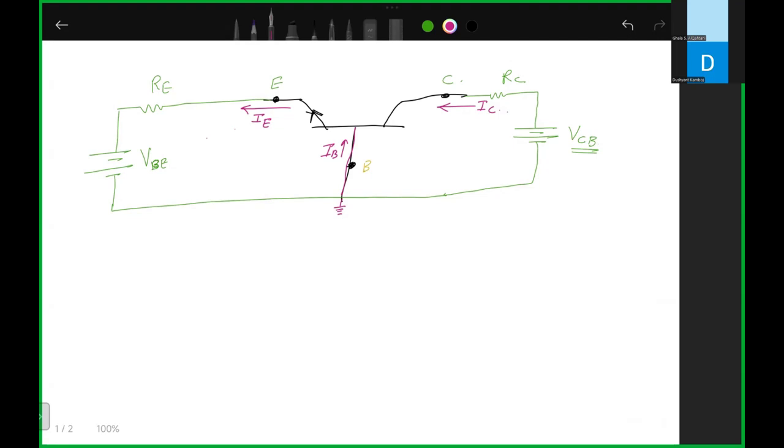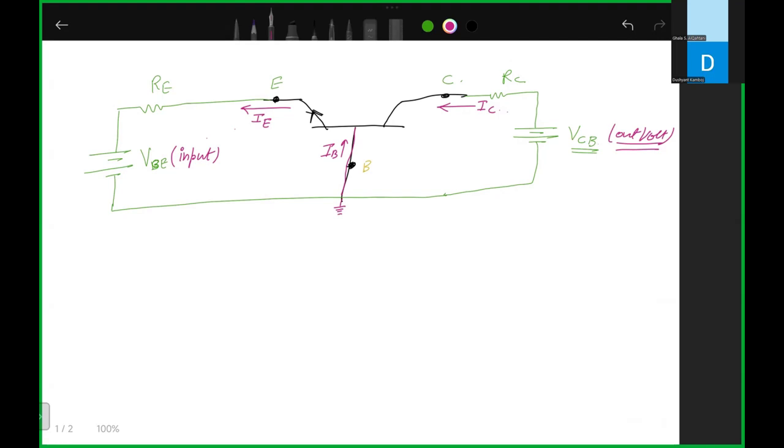So that's why it is called the common base configuration, because your base terminal is common between input and output. Did you understand why we are saying this is a common base?